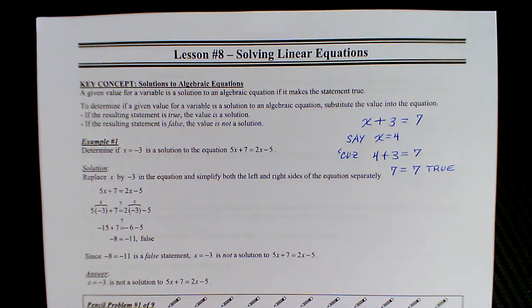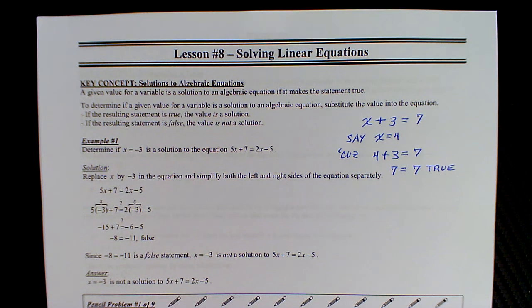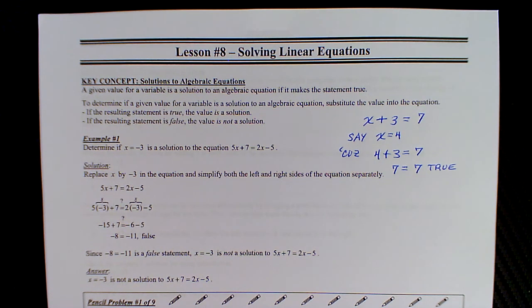So if you have a true statement upon substituting the proposed solution, then the value of x is a solution, and if you get a false statement, then the value of x is not a solution. So you could read through the example. It was false, so that value is not a solution.